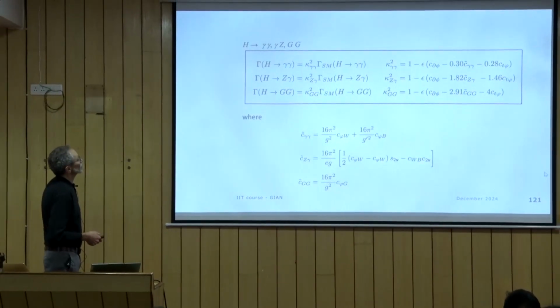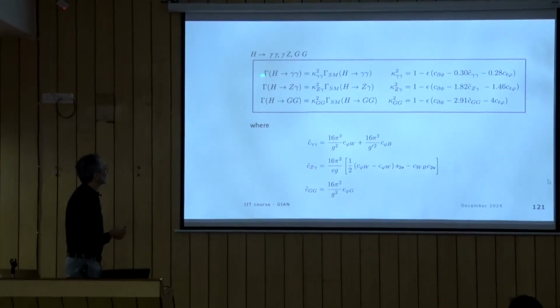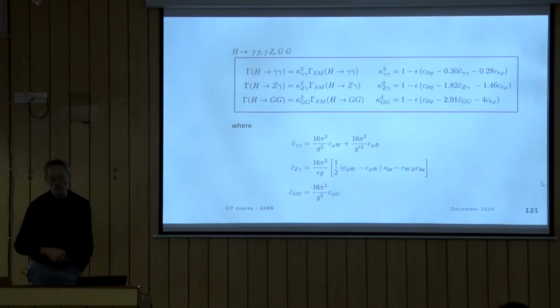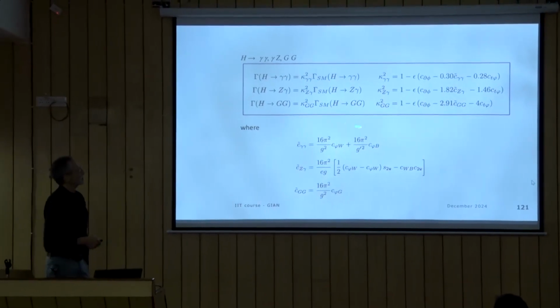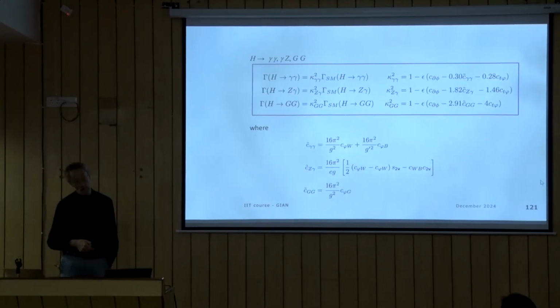Lastly, there are the modifications to the 2 photon, Z gamma and GG couplings, and you get this horrible thing. Why? Because of various loop effects that you take into account. This comes from interference between the standard model and the effective theory. The standard model is a one-loop effect, and so you have to evaluate a loop.